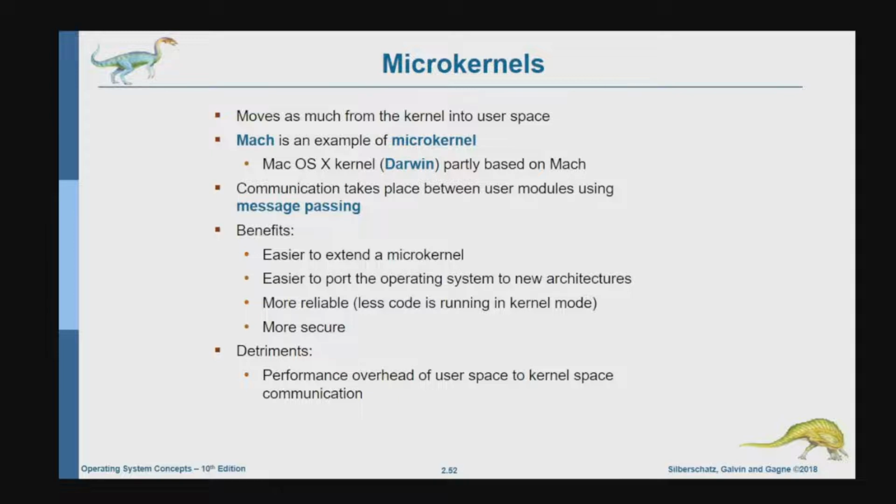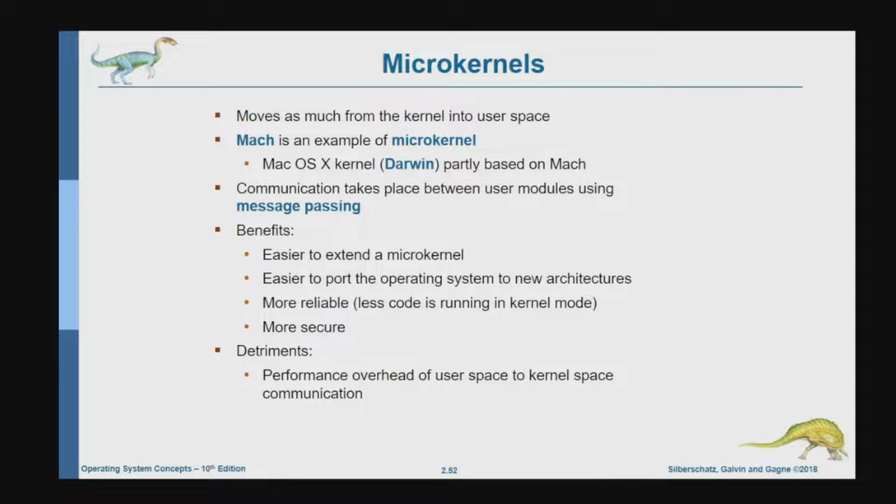So communication takes place between user modules using message passing. So we have another term, message passing, when they do communication between the modules. The benefits of the microkernel: it is easier to extend a microkernel, because the word micro itself, it can extend.